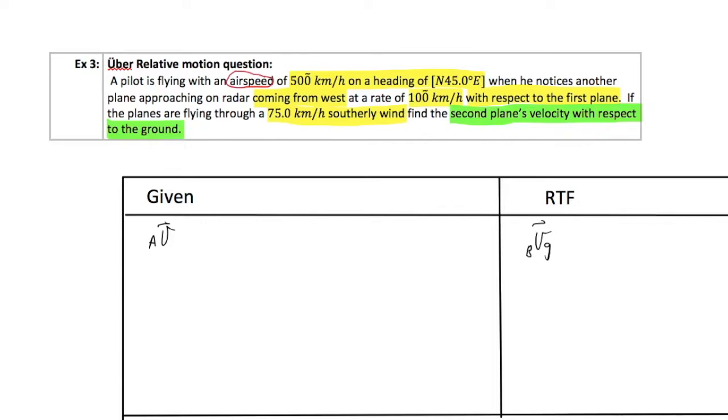Well, when we talk about the air, really we mean the wind. So I will use the letter W to represent what it's in reference to. So this is the first plane's velocity with respect to the wind. So A representing the first plane, velocity with respect to the wind, and we know that that is 500 kilometers per hour to 3 sig figs, and that is north 45.0 degrees east.